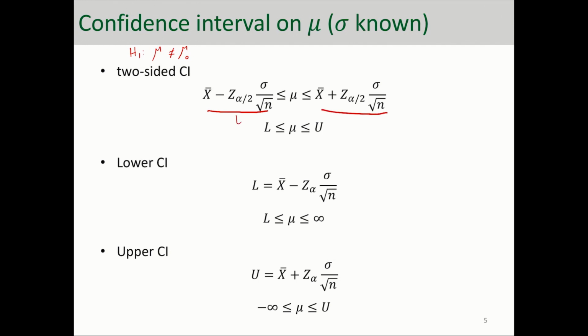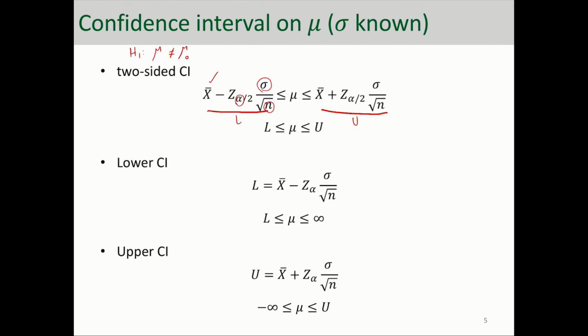So this is the L and this is the U, the lower and upper confidence limit. And you're familiar with all of these parameters here. X bar is the sample average, alpha is level of significance, sigma is standard deviation of the population, and n is your sample size.